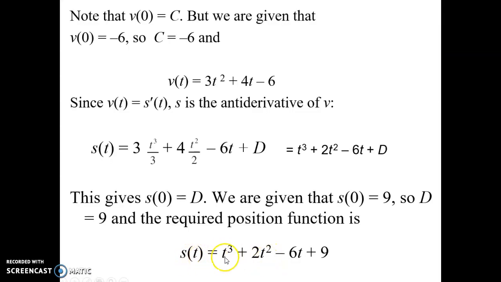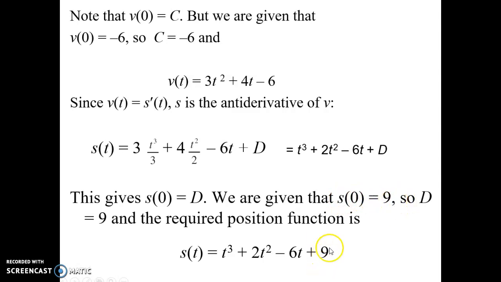S of t would equal t cubed plus 2t squared minus 6t plus 9. So we now have the position curve that has an acceleration of 6t plus 4 and has those initial conditions of the velocity at 0 equals -6 and the position at 0 is equal to 9.